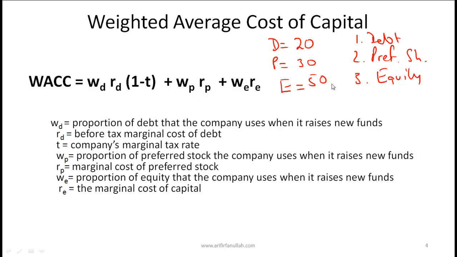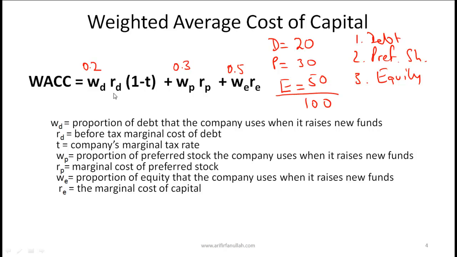So in this case, the total market value for all three components is equal to 100. The weightage of debt will be 20 over 100, which is 0.2. The weightage of preferred shares is going to be 30 over 100, which is 0.3. And the weightage of equity is 50 over 100, which is 0.5.